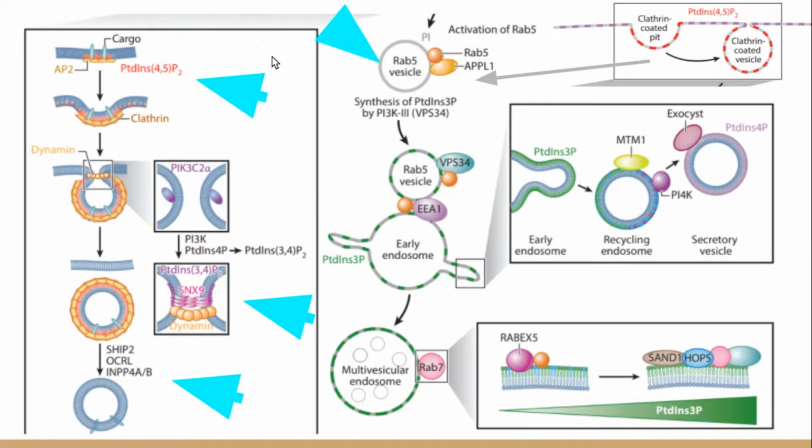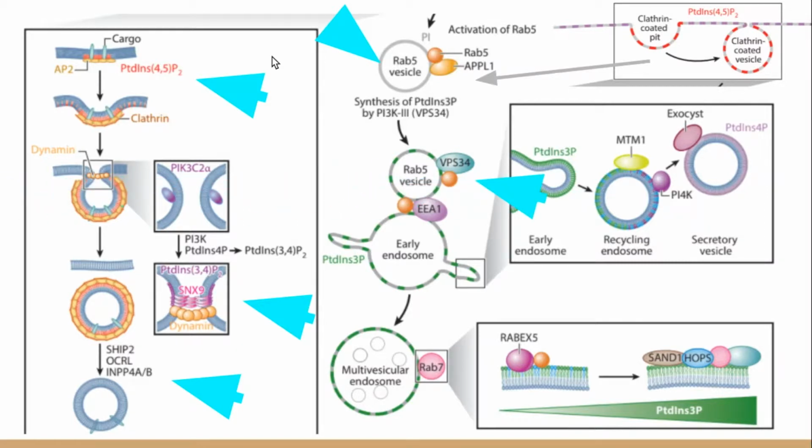Membranes deficient in phosphorylated PIs are substrates for Rab5. So Rab5 localizes to these naked endosomes where it recruits a PI3K, simply called VPS34. VPS34 is thus a Rab5 effector protein.